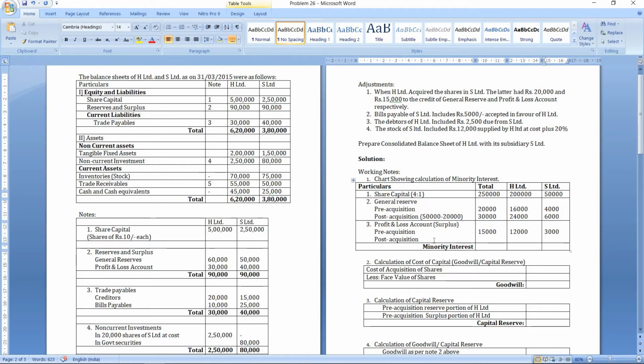Now we have to identify our post-acquisition profit. The total profit of S Limited is 40,000.